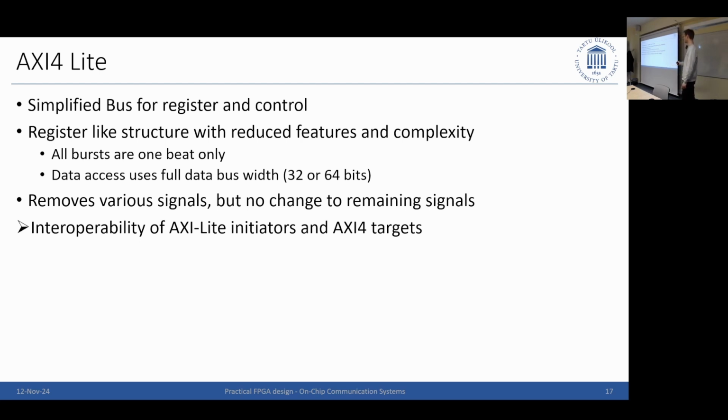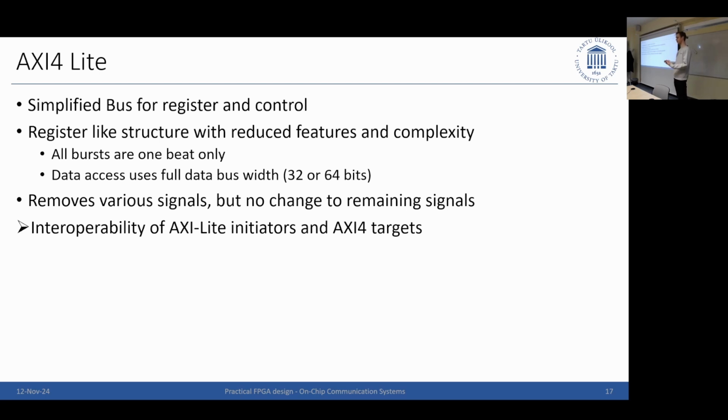It has reduced features and complexity, so it's one-beat bursts only, which means usually one word of the data bus bandwidth. And this bandwidth is also limited to 32 or 64 bits. This makes it very efficient in terms of overhead because there are no other signals or changes of remaining signals.